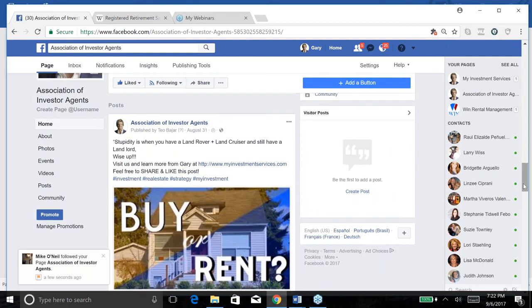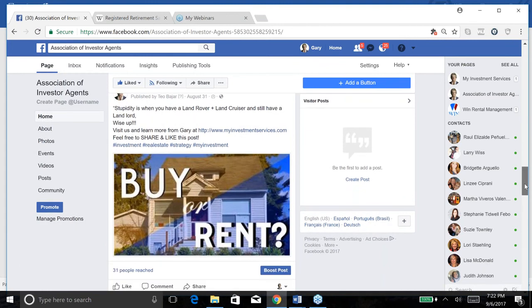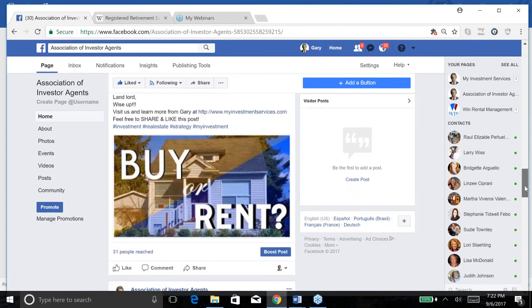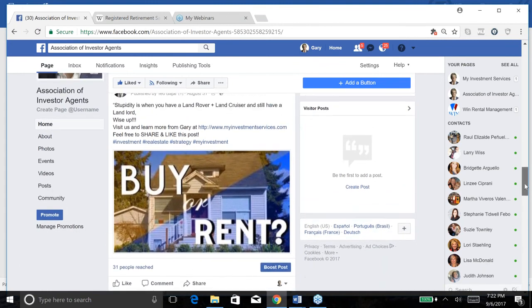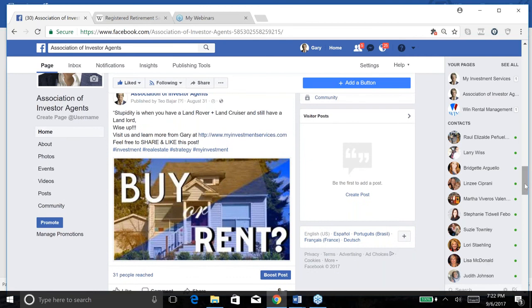So stupidity is like having a Land Rover and a Land Cruiser and still having a landlord. I didn't write this, by the way. This came from someone else. But the bottom line is, this is the kind of thing you can share with your clients. You can take this post, copy it or clone it, and repost it on your Facebook page to entice your contacts who are renting to go out there and buy something.